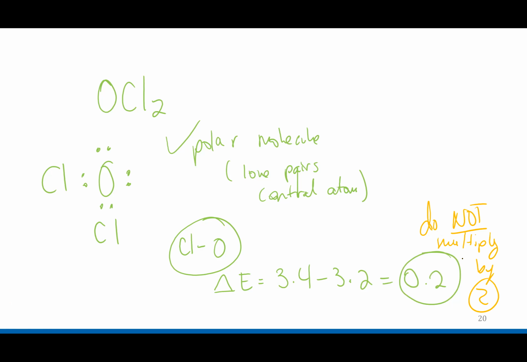Again, Abdullah Ahmed asks, would I multiply it by 2 because there's a 2 here? No, no, no. Just leave it. You don't multiply by 2. You're only looking at one bond. We don't care that there's 2 of them. So if you had to calculate the electronegativity difference between Cl and O, it would be just 0.2. I don't touch it. I don't multiply it. Nothing like that.